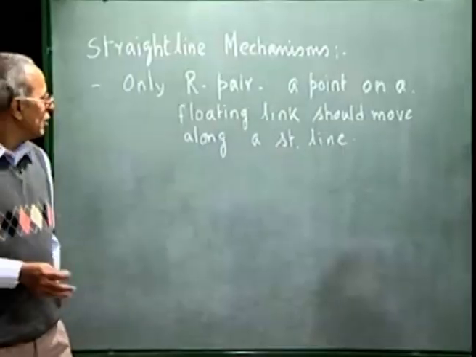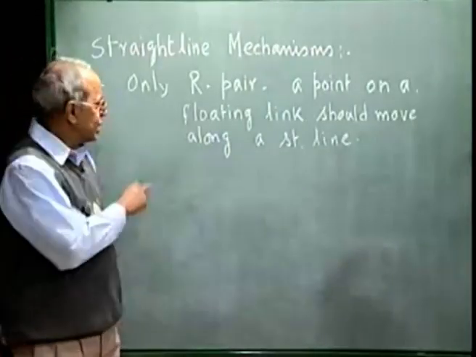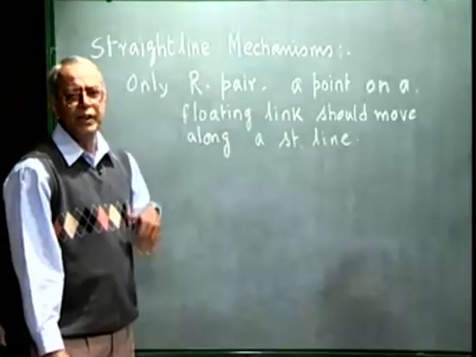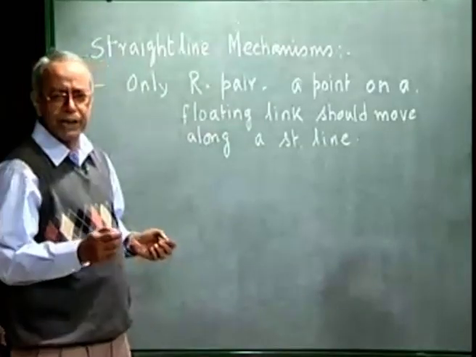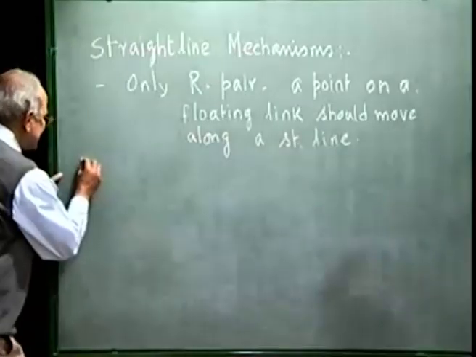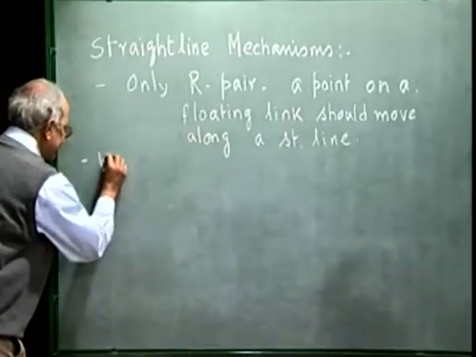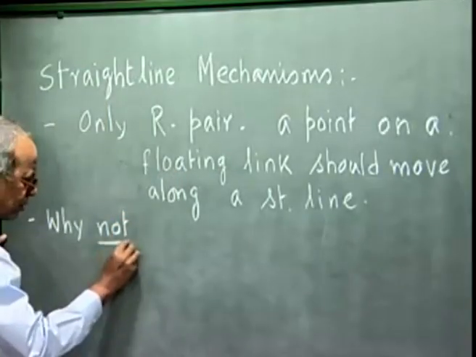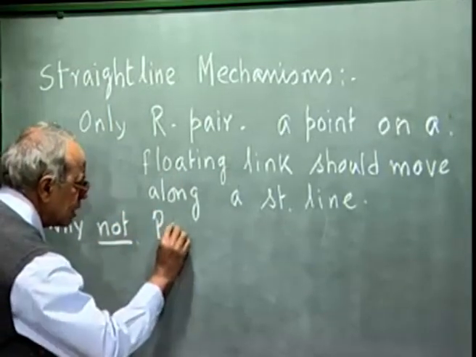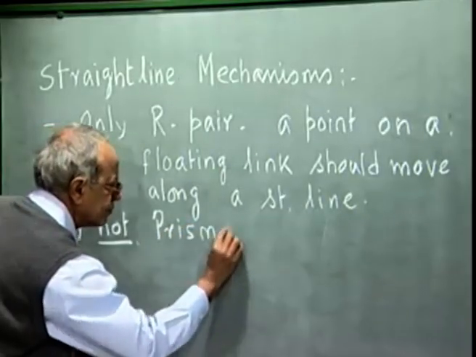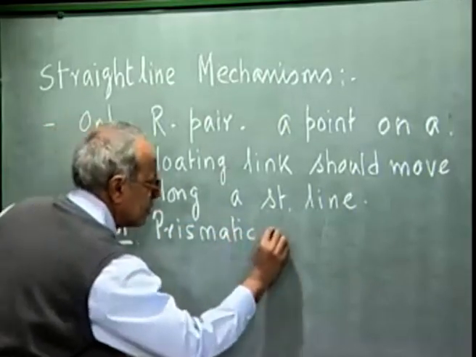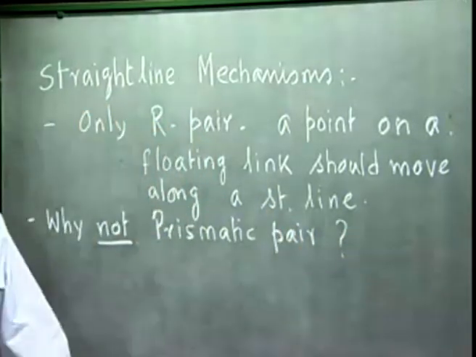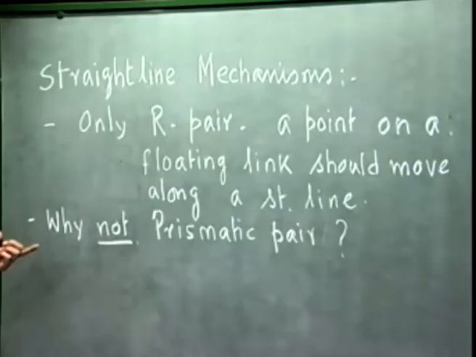One may wonder why take all the trouble to generate a straight line by using only R pairs, because we know if we have a prismatic pair we can always generate straight lines. So, let me say, why not a prismatic pair? There are 2 points to remember.